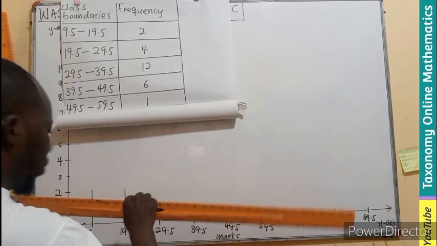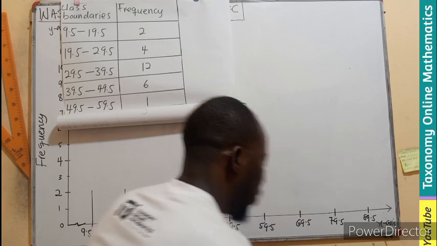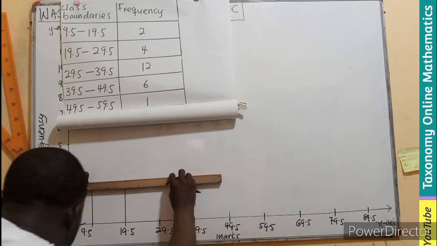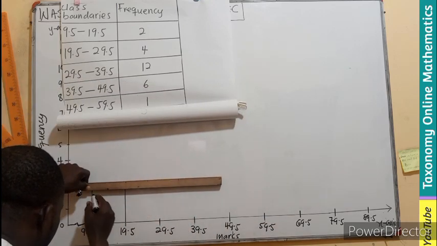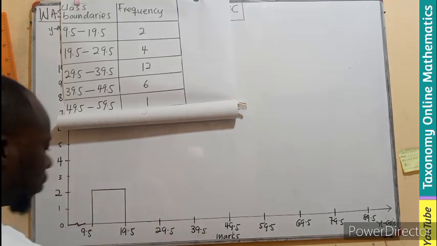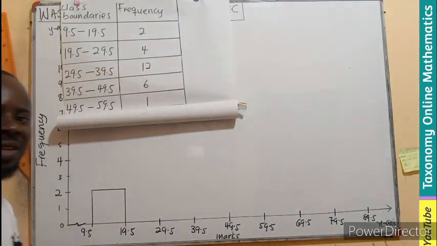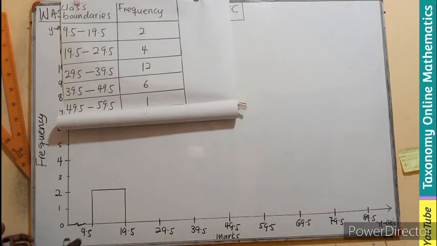We get that also. So we need to get our bar complete. Good. So this bar is representing the class mark, which is moving from a boundary of 9.5 to 19.5.